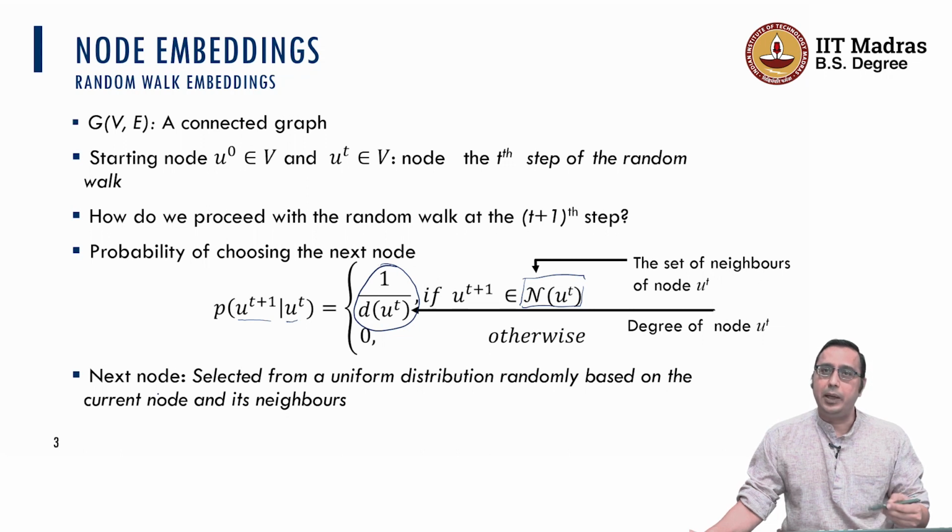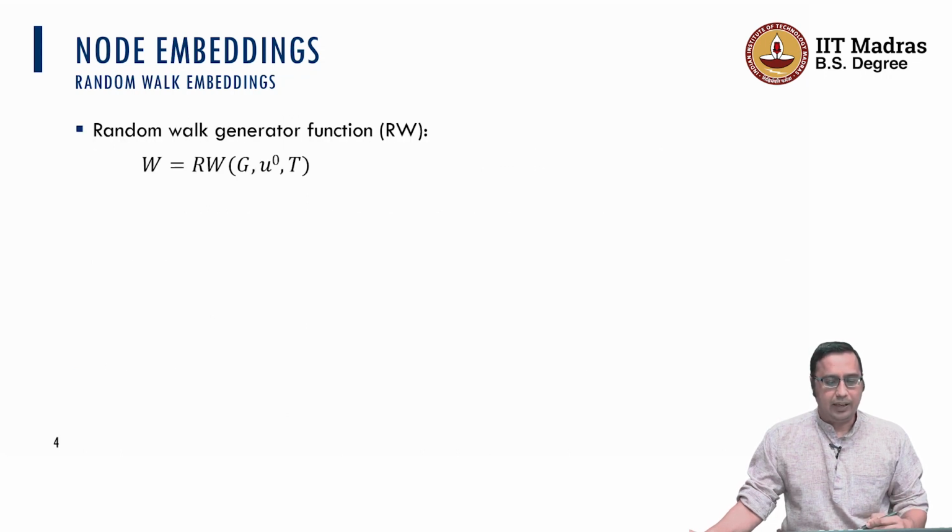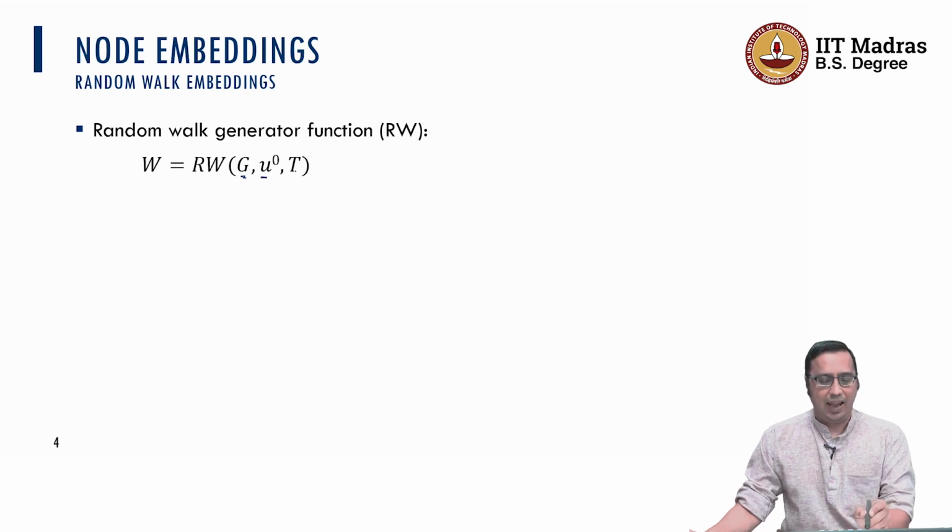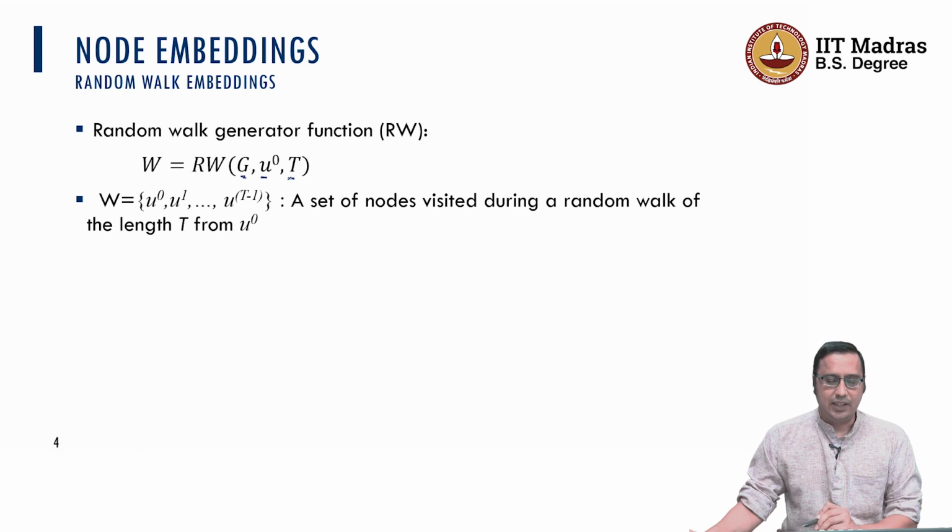This way we can keep choosing the next node and generate a random walk. We can look at this process as a random walk generator, and we would like to know what the random walk generator function is. The random walk generator function will use this probability, the starting node, and t. What is t? t is the length of my walk, how many steps I am going to take in that particular walk starting from u0.